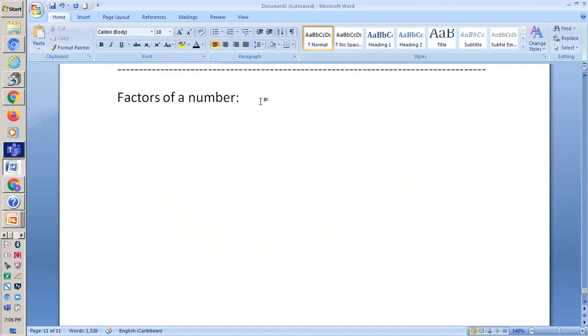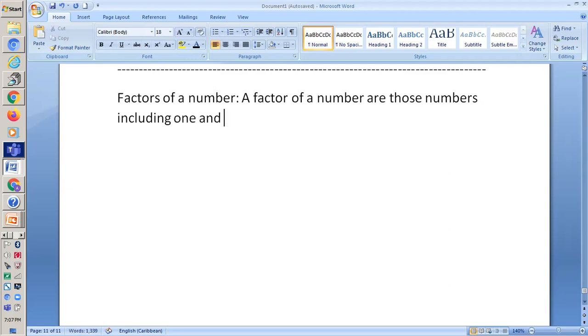A factor of a number are those numbers, including 1 and itself, which can be divided exactly into the number, basically.